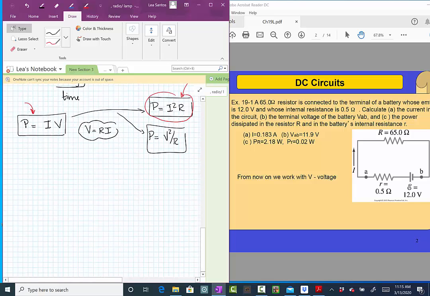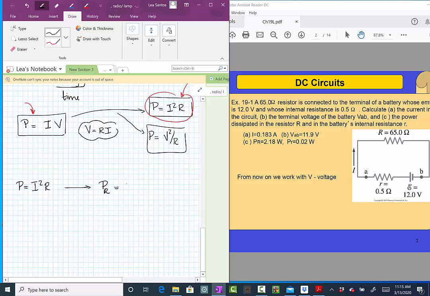Okay, so if I decide to use this equation here, I squared multiplied by R, let's then decide which R we are going to use, because the current we already said is the same, we have already computed, is 0.183 amps. Okay, so if I want to obtain the power dissipated by the resistor, by the device we are turning on, what are we going to put here?